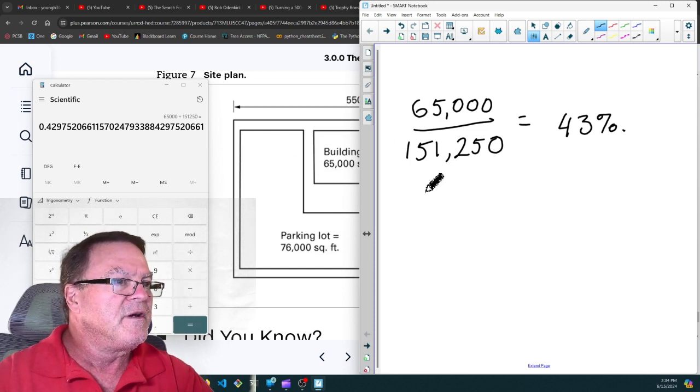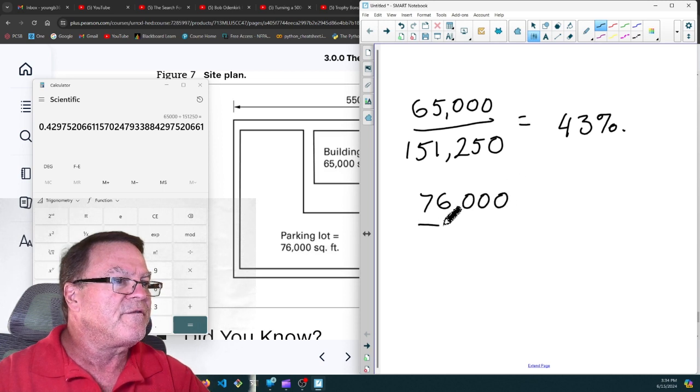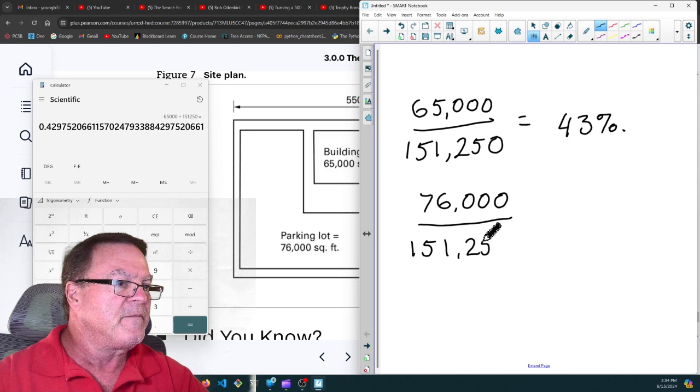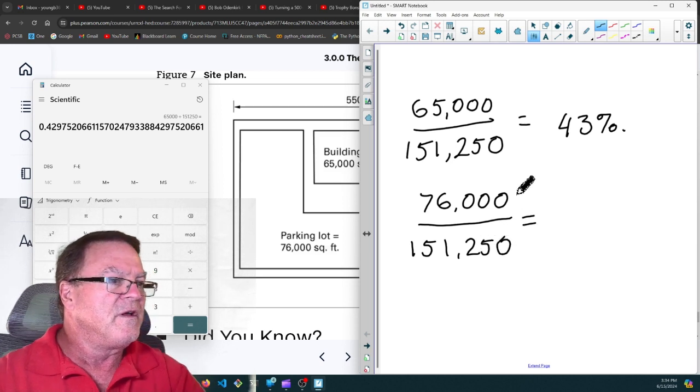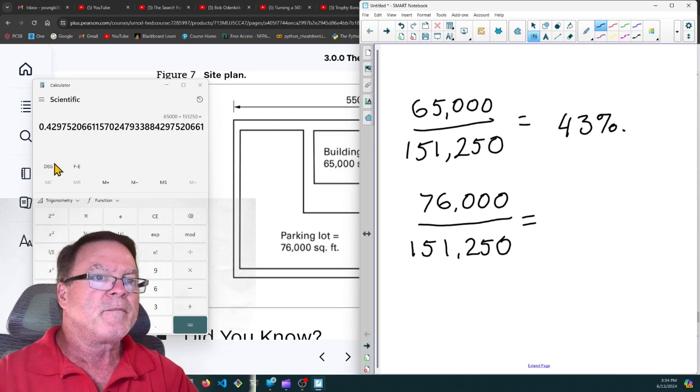I'm gonna do 76,000 square feet of parking lot divided by 151,250. And that should give me the percentage of the parking lot.